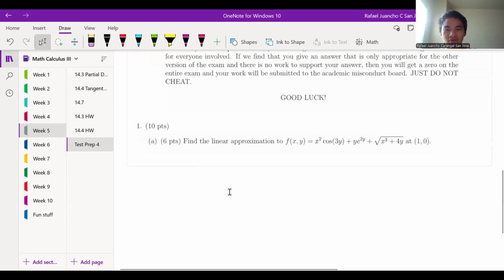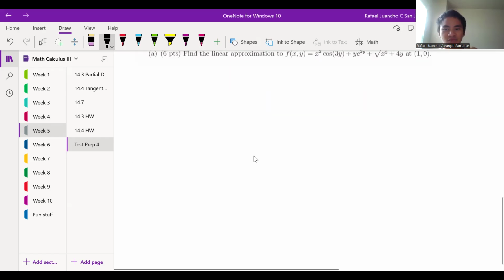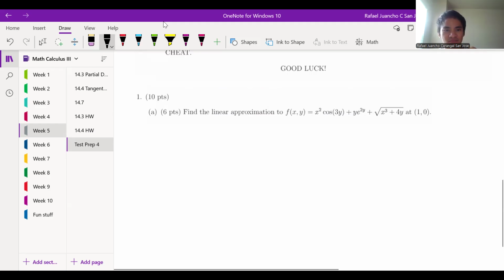Okay, so here we're being asked to find the linear approximation to f(x,y), and this is equal to this. Well, what did we say about linear approximation? Well, first we want to take partial derivatives. That's usually our first step. So our first step is to take partial derivatives.